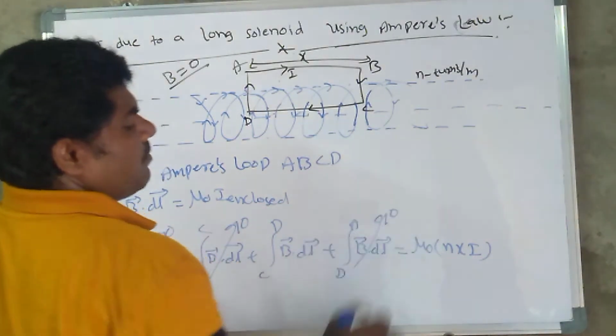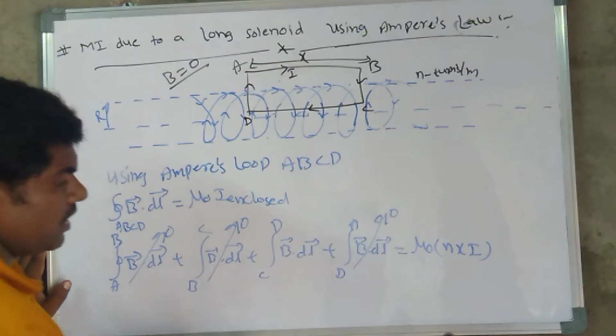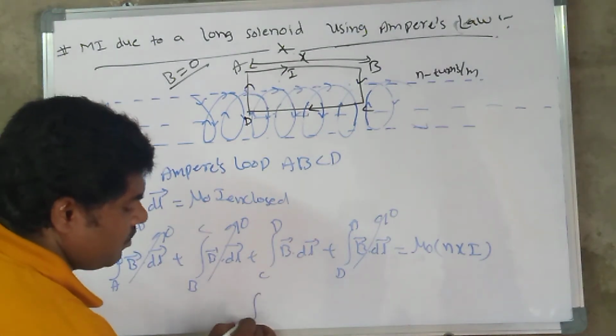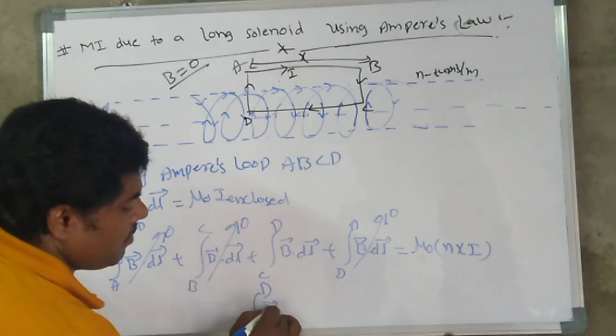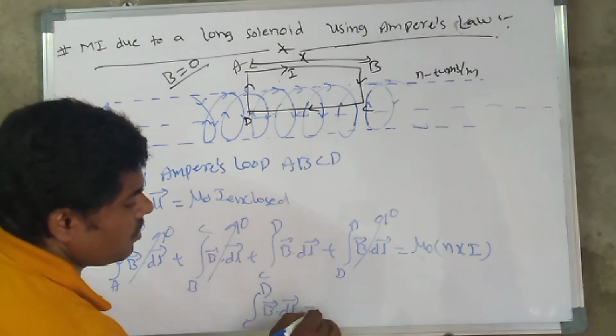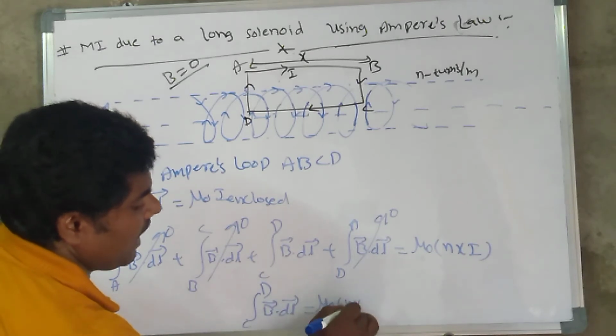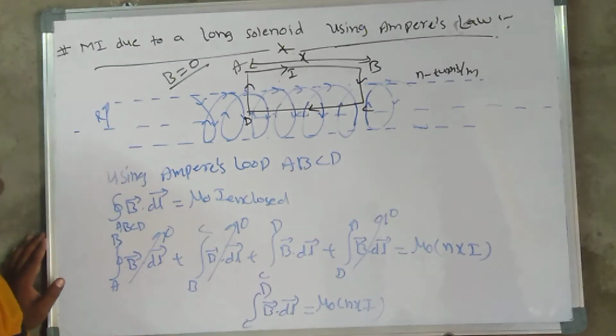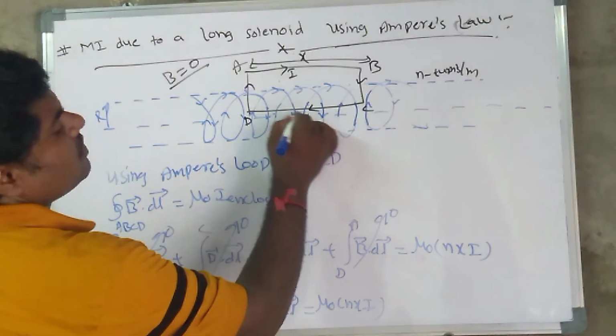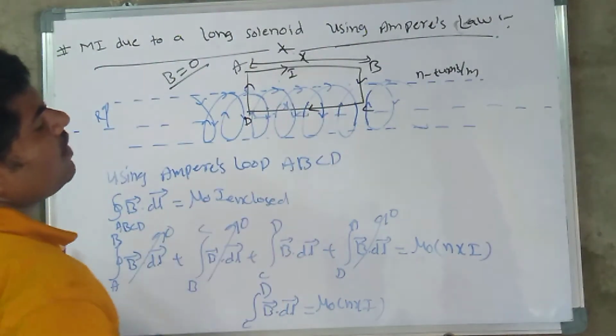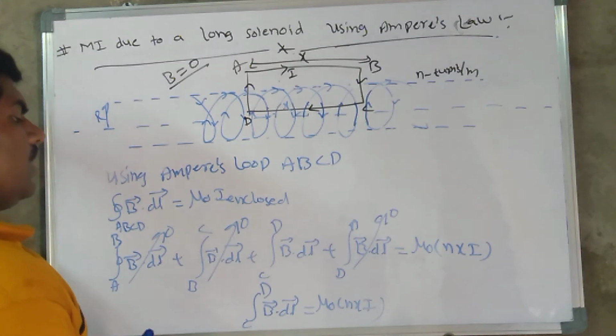The closed integral from C to D of B bar dot dl bar should be equal to mu naught n x I. Here this distance is x, C to D is also x, A to B is also x.